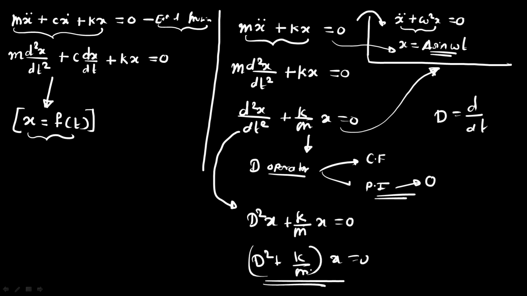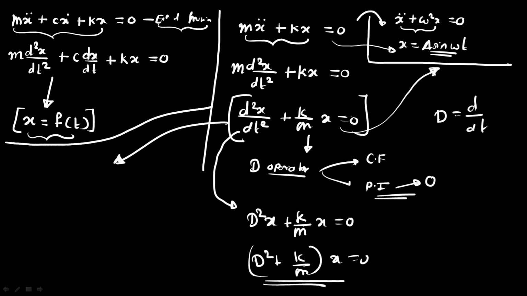Just forget about the damped vibration for now. I am explaining how to find the solution of this equation, which is for the undamped vibration. We will use the same D operator method to find the solution of the damped vibration.